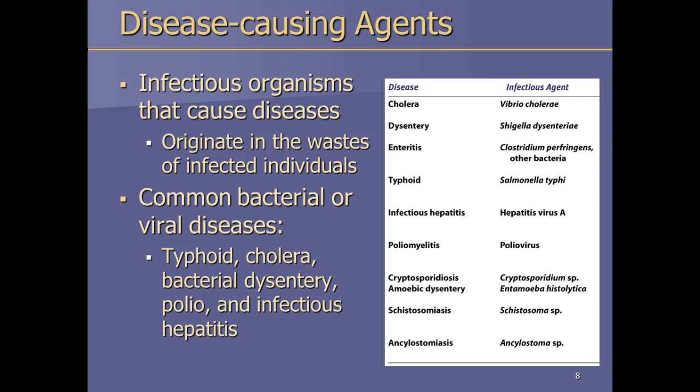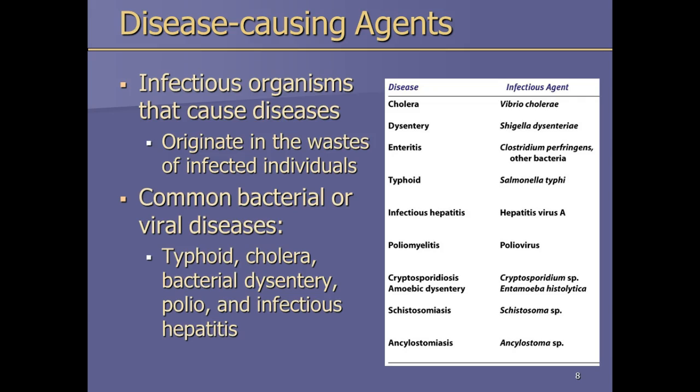So we have a list of different infectious agents, diseases that they cause. We've got bacteria and viruses both here, also some protists as well, and also you can get pathogens such as parasitic organisms, such as worms.